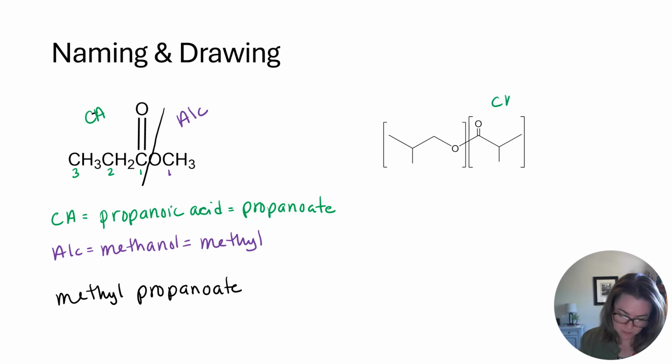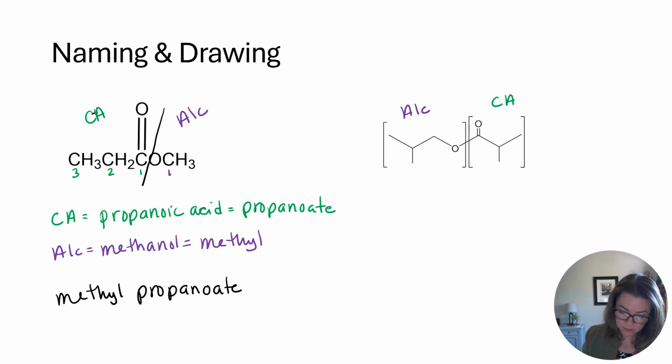So this is my carboxylic acid side, and the single oxygen is my alcohol side. Okay, so in naming this, I want to again identify these, write out the name of the original acid, and then change the name to -oate.